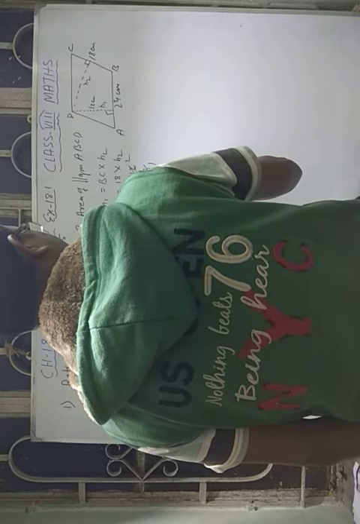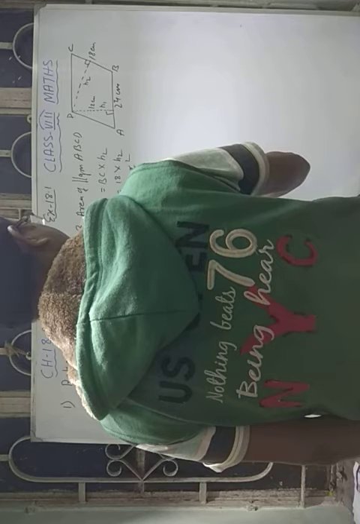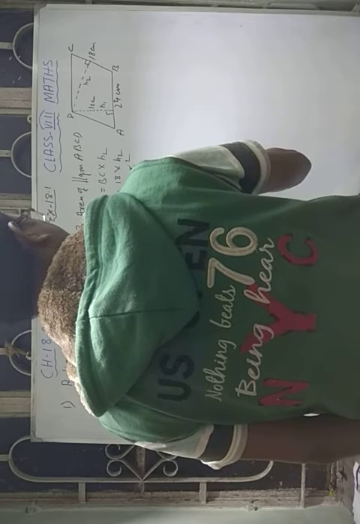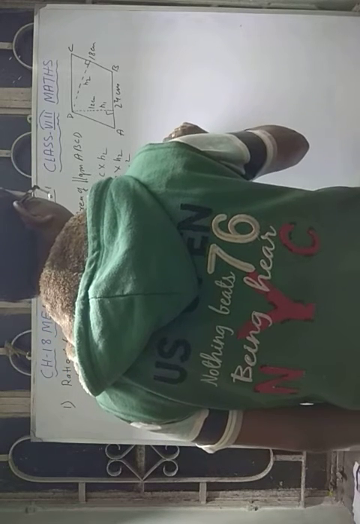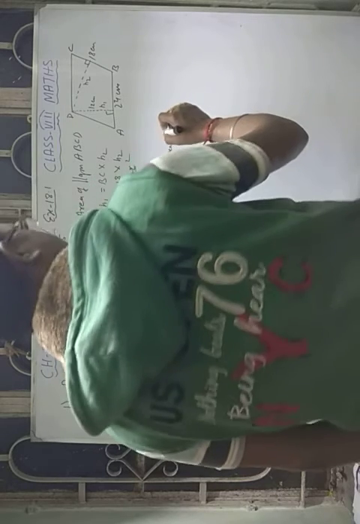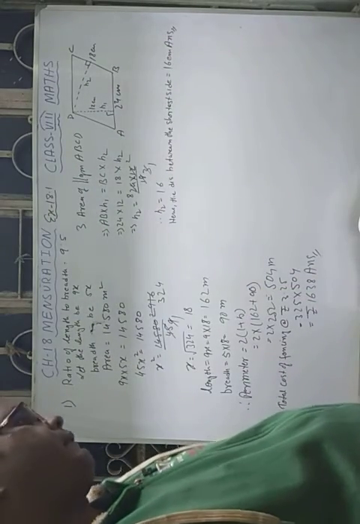Therefore H2 is equal to 8 2s are 16. Hence the distance between the shorter sides is equal to 16 centimeter. This is the answer. So in this way you have to find this question.